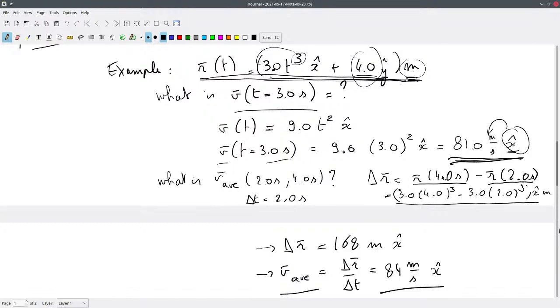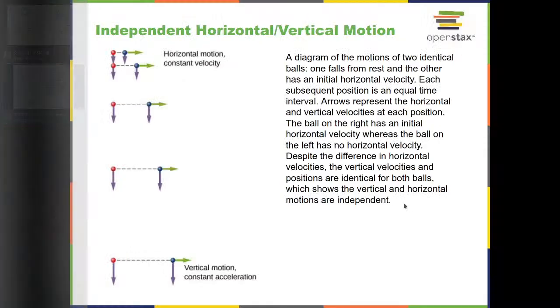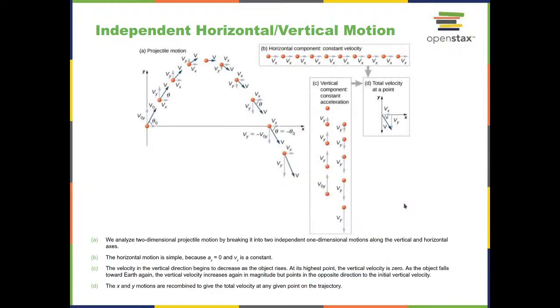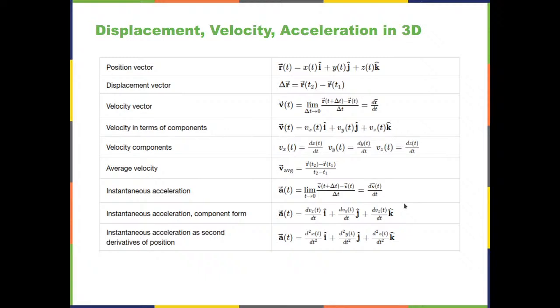Okay, so let's go back to the slides here. I do want to go to these formulas. So we've covered now positions in x, y, and z coordinates, differences in positions, which are displacement vectors, and the velocity vector as the limit of the displacement over the time. The velocity can again be decomposed in 3 different components: the x velocity, the y velocity, and the z velocity.